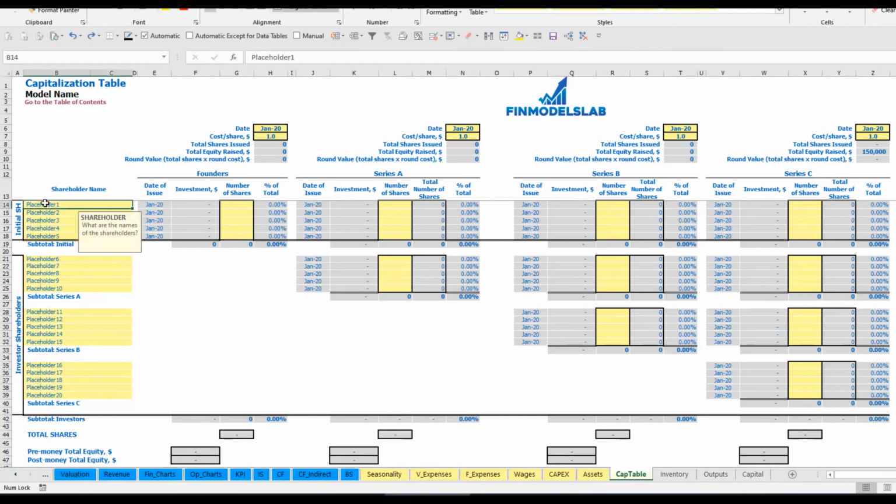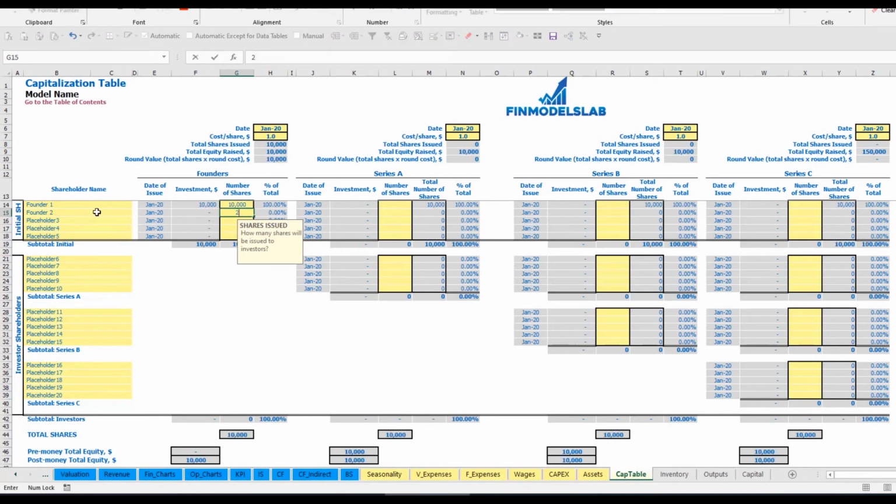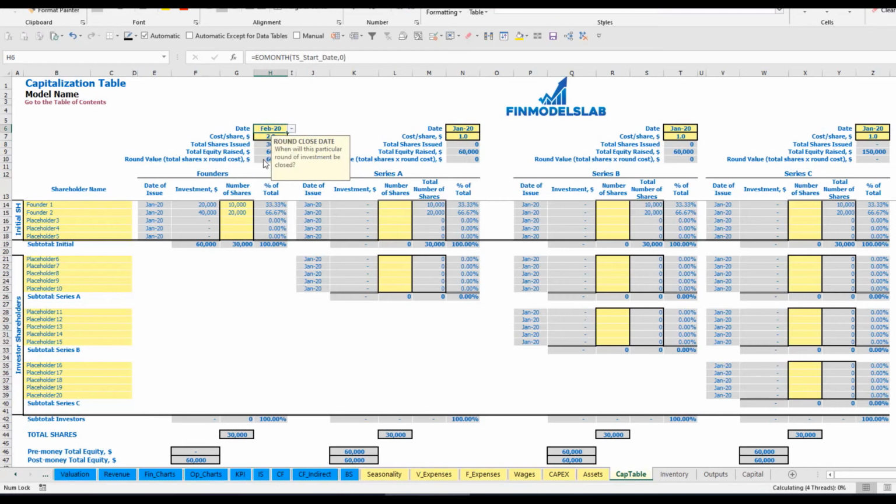Let's pretend that we have two founders, founder 1, founder 2. So total amount of shares for founder 1 can be 10,000, for founder number 2 20,000. Let's imagine that cost of share will be $2 and the date of founding is February.